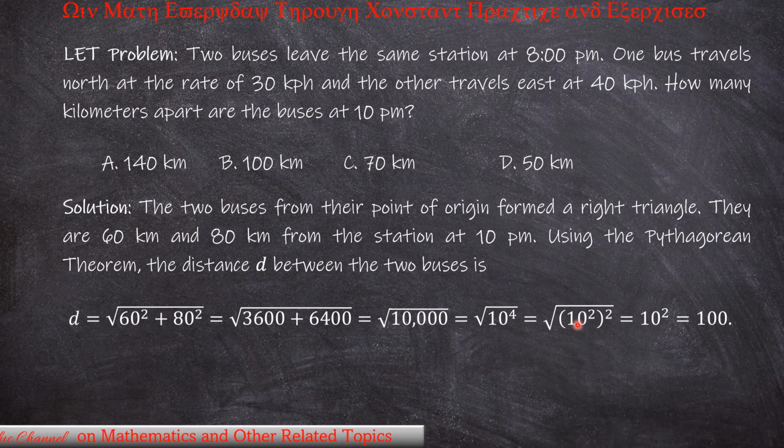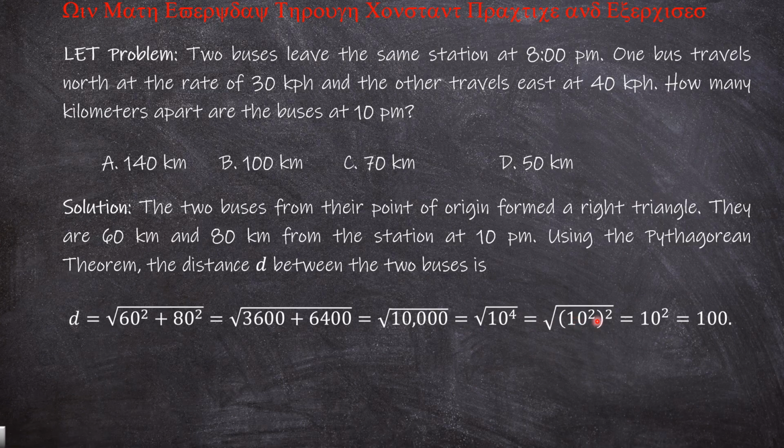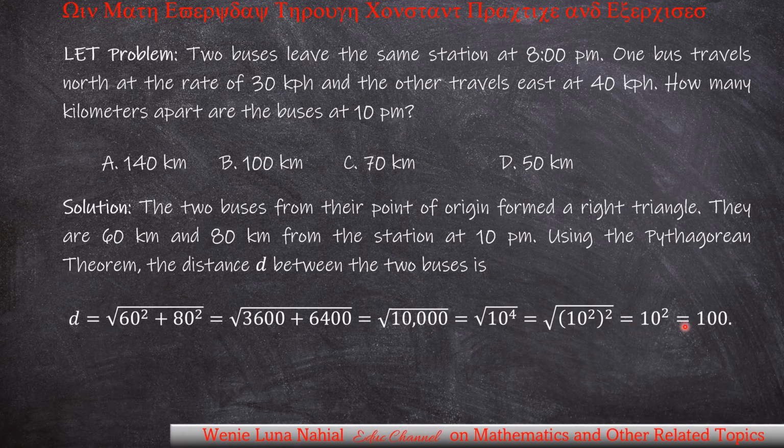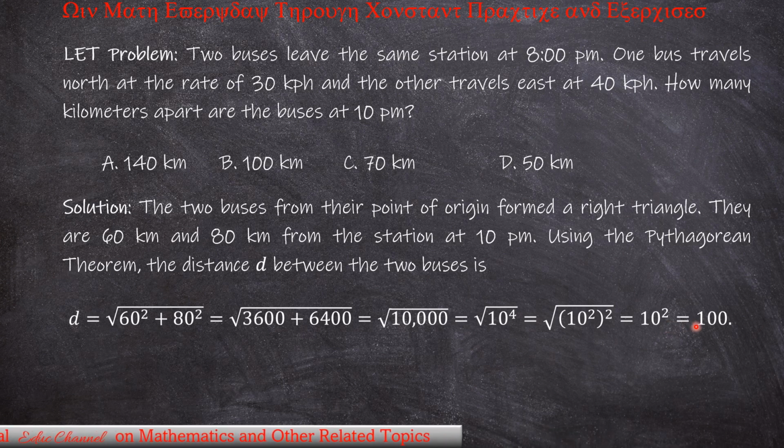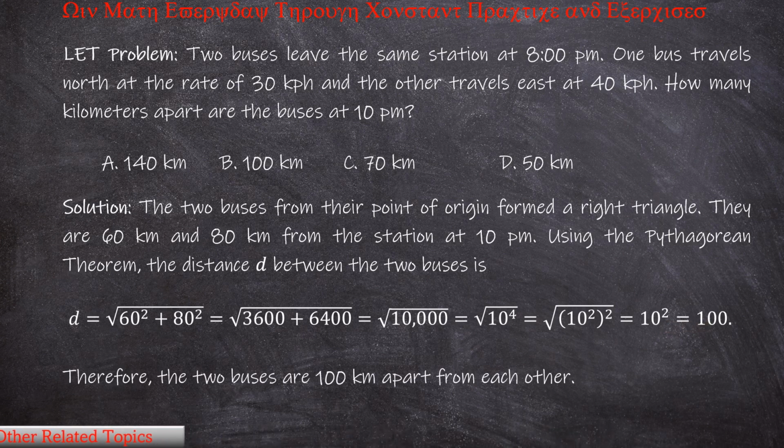If you are going to get the square root in which the power of the radicand is 2, what will remain is the base of the exponential form. So what remains is 10 squared, and this 10 squared is equal to 100. Therefore, the two buses are 100 kilometers apart from each other at 10 p.m.